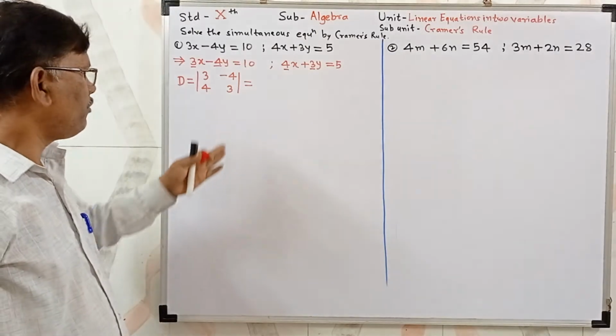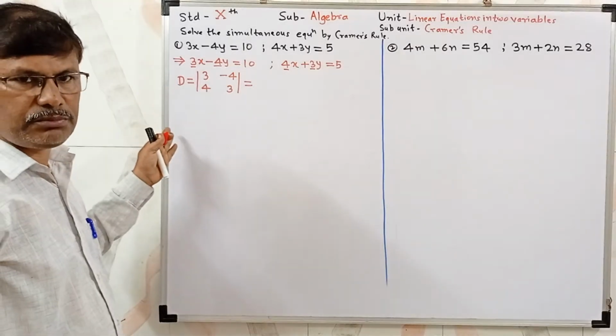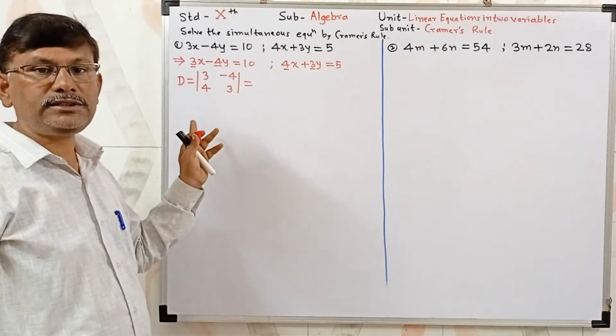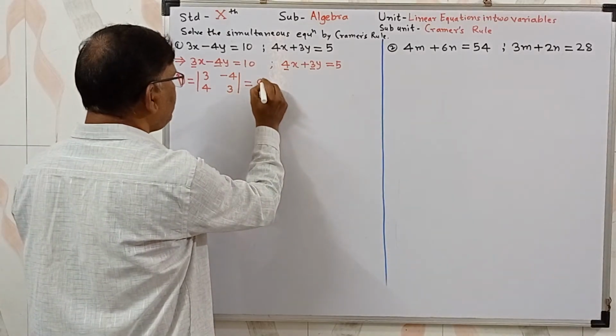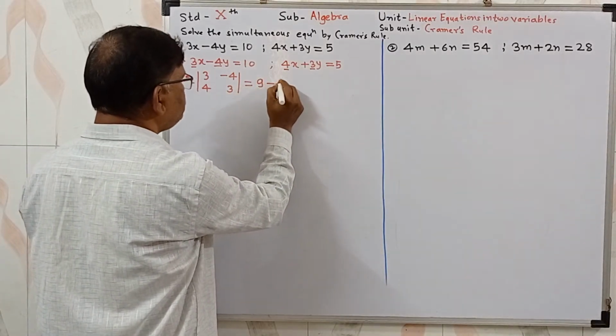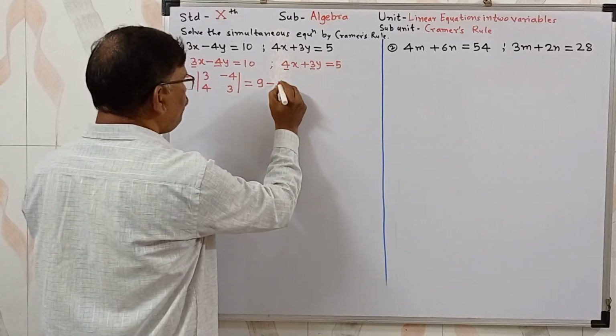We know how to solve it. We must do cross multiplication, that is ad minus bc. That is 3 into 3, 9, minus 4 into 4.